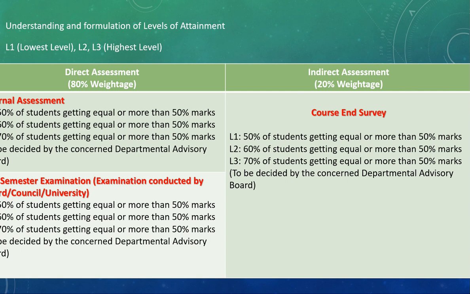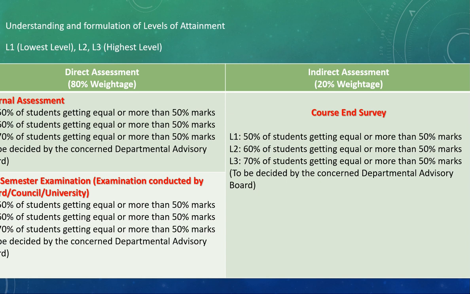The program people or the departmental advisory board have to formulate particular parameters for ascertaining their levels. For direct assessment, which has 80% weightage, we include the internal assessment and the end semester examination, which is conducted by the concerned board or council of the university.